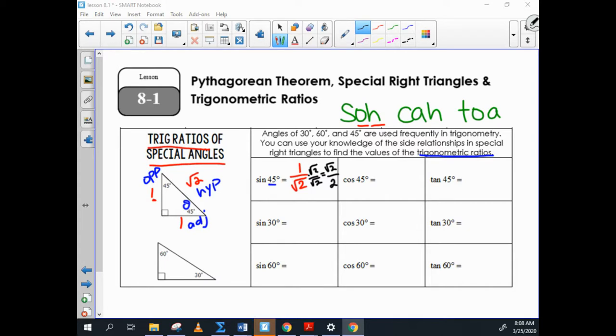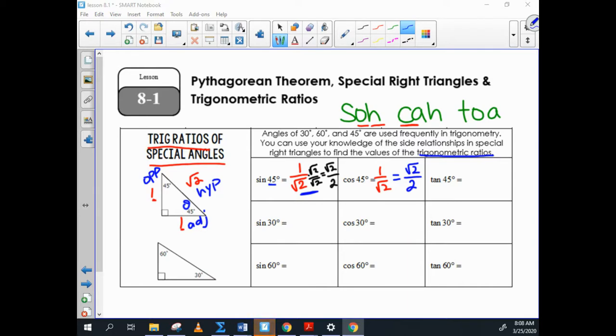Now the cosine, look at how cool this is. The cosine of that 45-degree angle is the exact same value. The cosine right here is your adjacent over your hypotenuse. But notice my adjacent is also 1, just like the opposite is. So it's going to be 1 over my hypotenuse, which is square root of 2. We already simplified it over here, so I'm just going to go ahead and write that when you rationalize that denominator, you get the square root of 2 over 2.